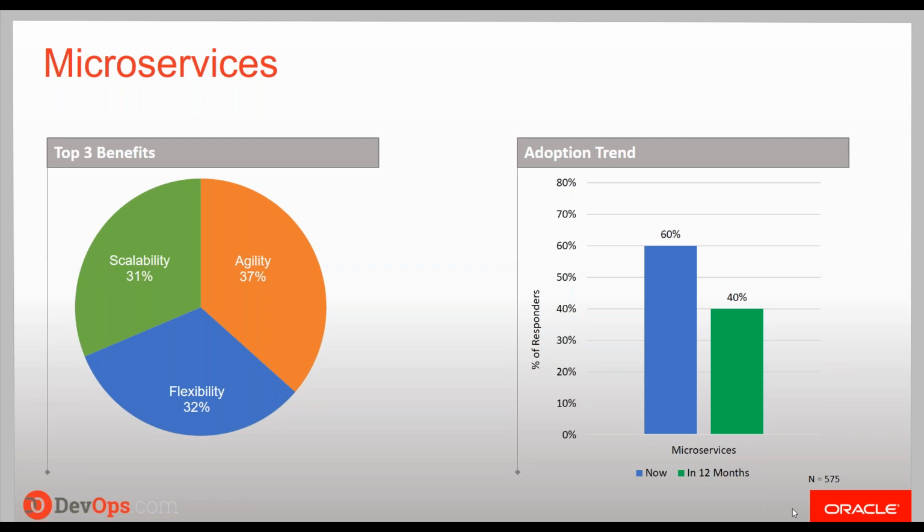This started out a long time ago with service-oriented architecture: the whole concept of breaking up an application into discrete services, and then having the ability to assemble them rapidly to form your application or deliver new, faster functionality to the end user. So the promise is very high, and now we have the technology stack behind it to deliver on that promise. That's why you see such tremendous uptake of microservices within the customer base.